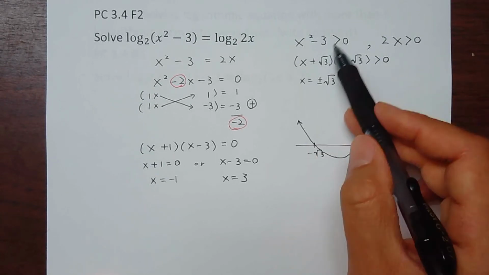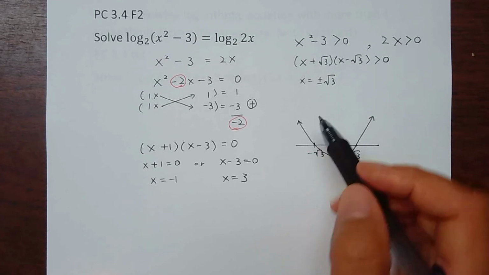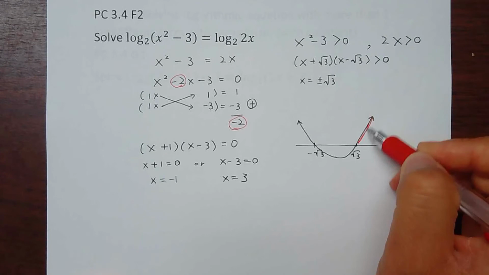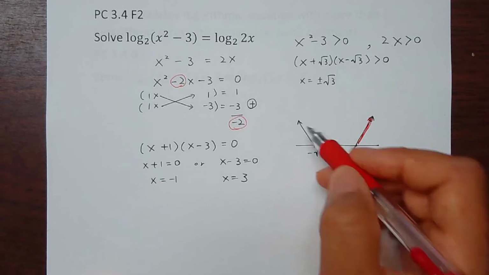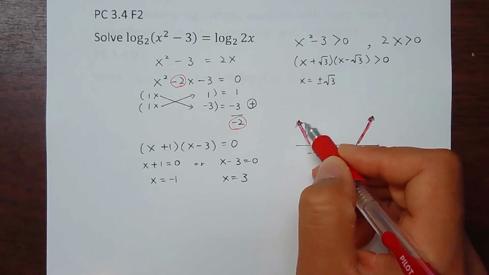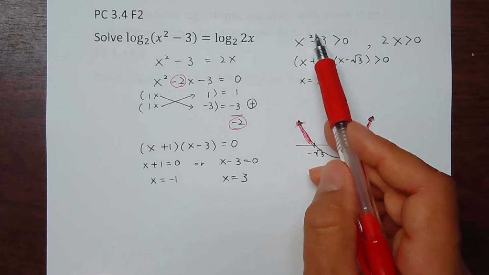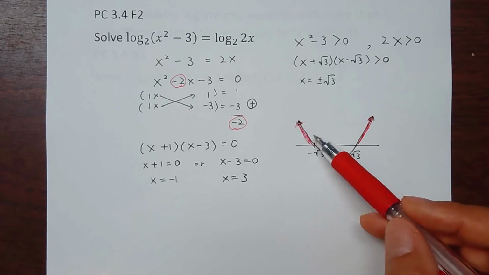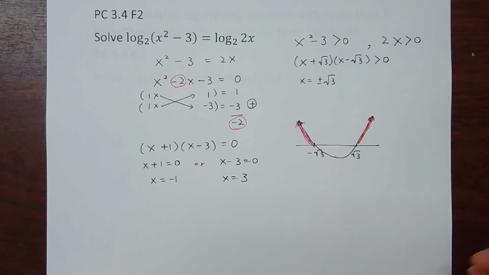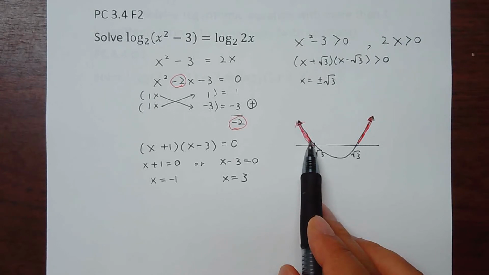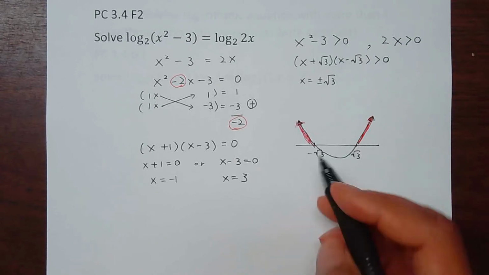You want that to be positive, so you're looking at any portion of the graph above the x-axis, which is the same as minus infinity to minus square root of 3 or square root of 3 through infinity.